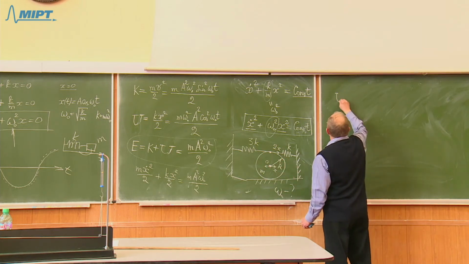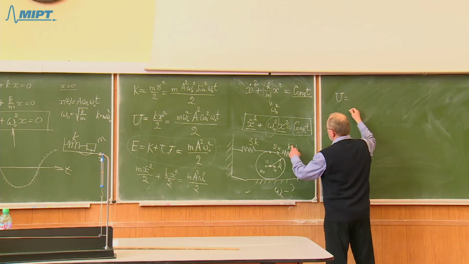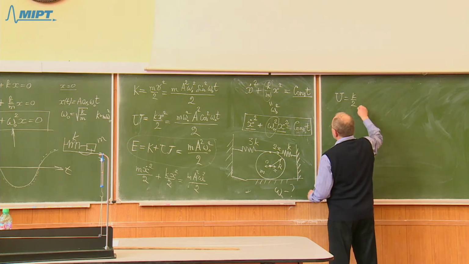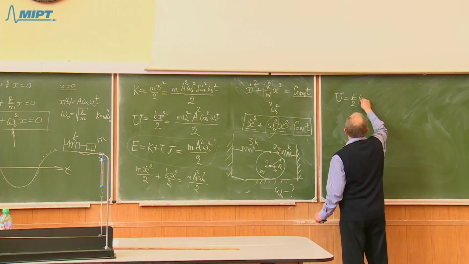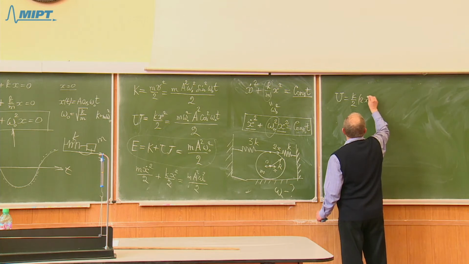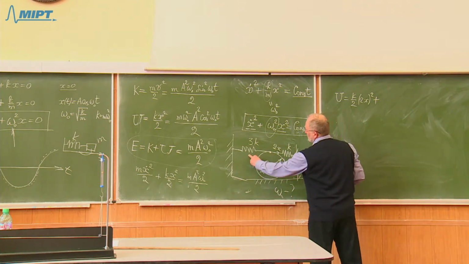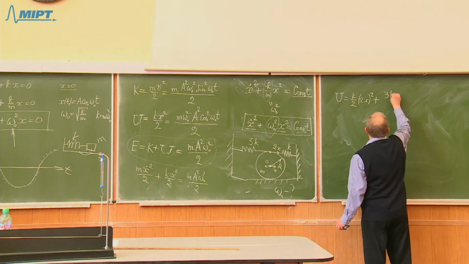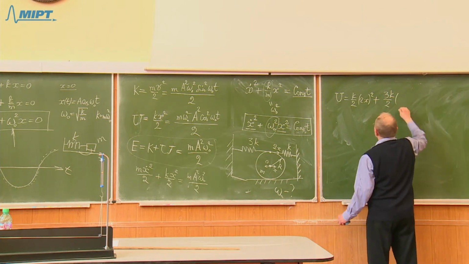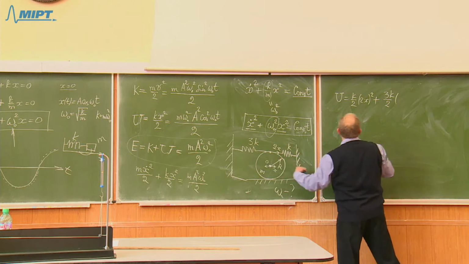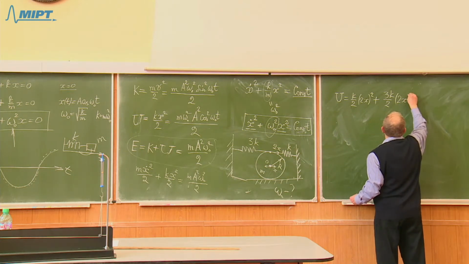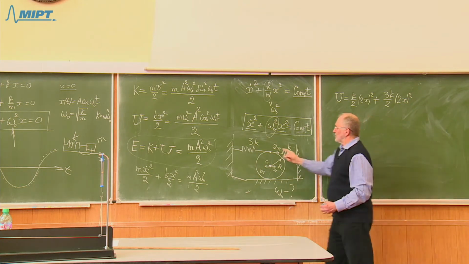And so the potential energy of the springs will be what? k divided by 2, displacement 2x squared, plus the potential energy of the second spring, which will be 3k divided by 2, and again the same displacement 2x squared, which is the same for both springs.